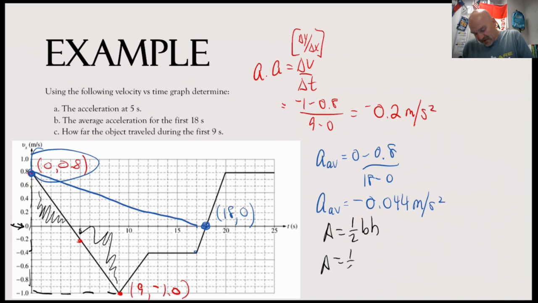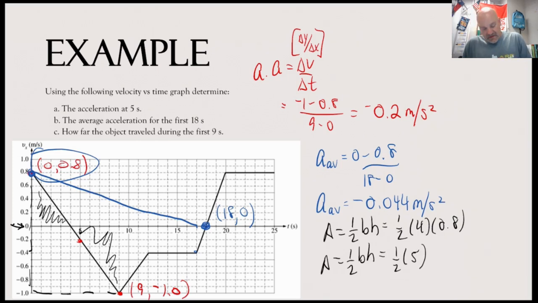So I'm going to do 1/2 base times height twice. And it may be helpful if you plug in the negative sign for the height of the second triangle. So I'm going to do 1/2, my base is 4 seconds, my height is 0.8. And I'm going to do 1/2, 5 seconds, and my height of -1. And so I got 0.5 times 4 times 0.8.